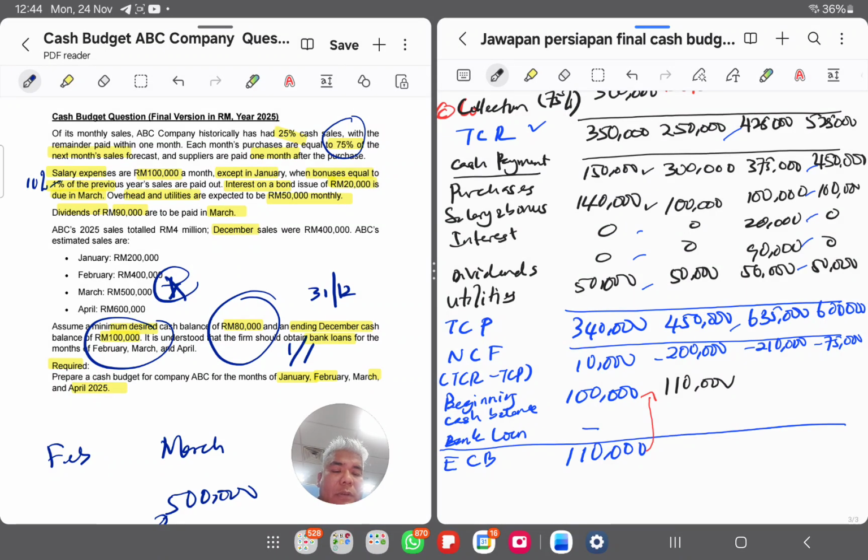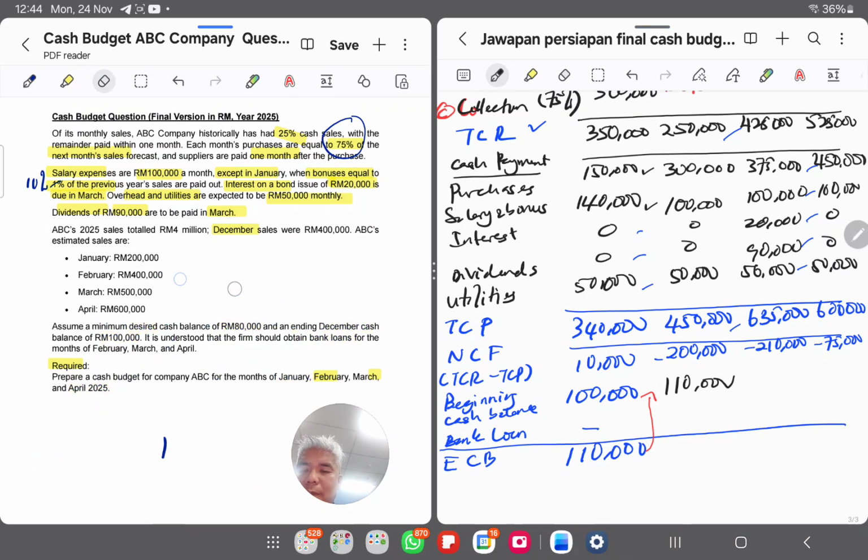So if you total up, negative 200,000 plus 110,000, I think you don't have much money, a shortage of money.